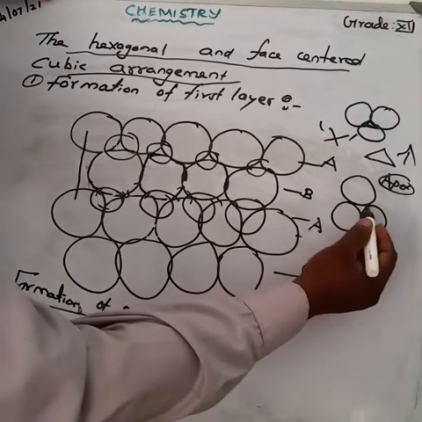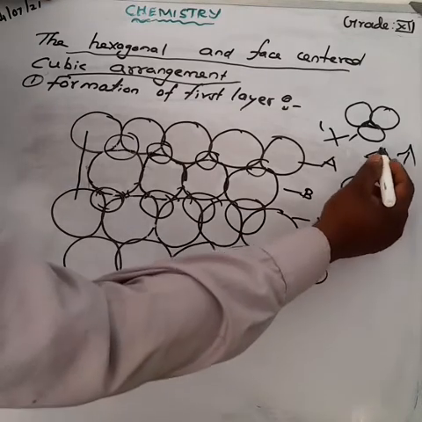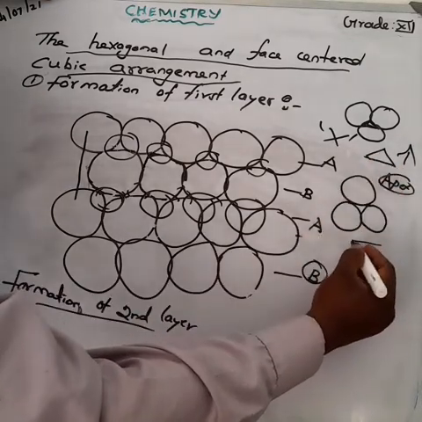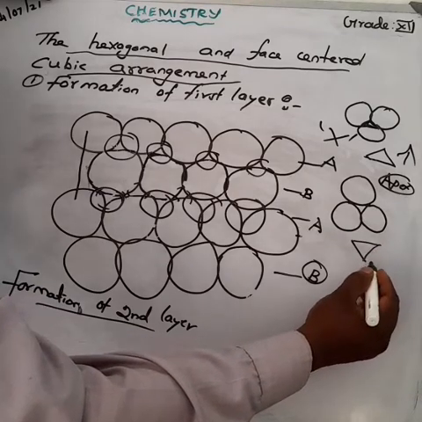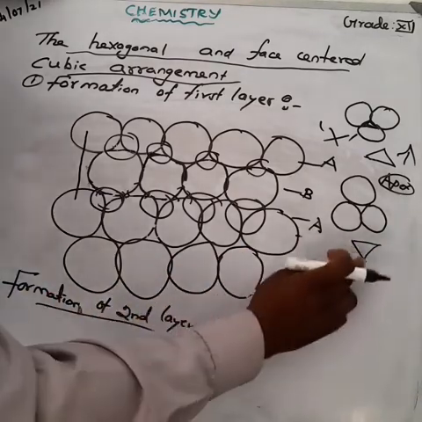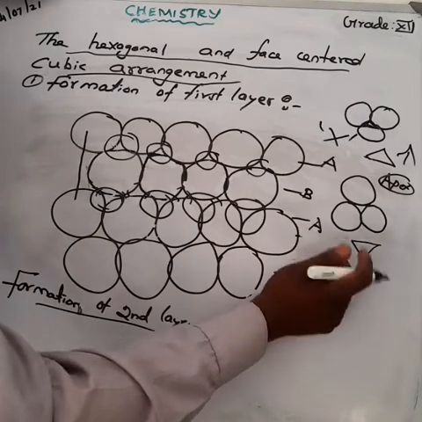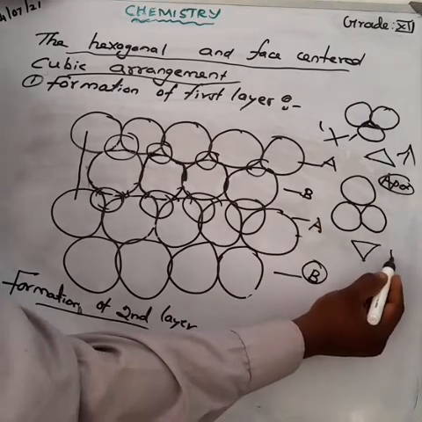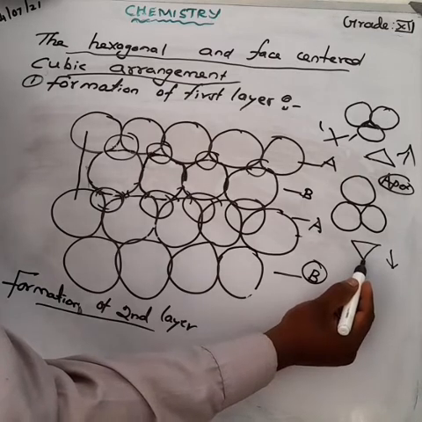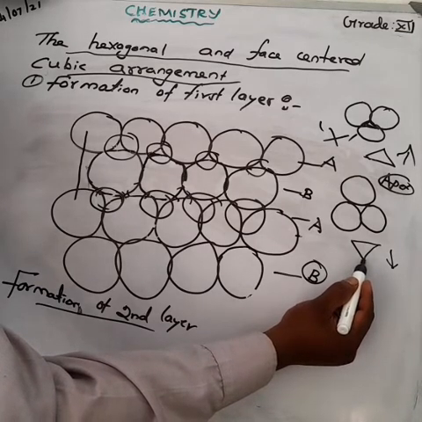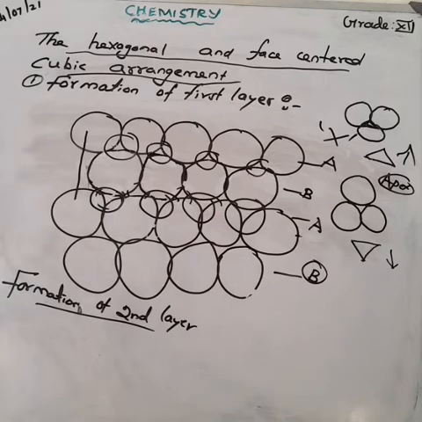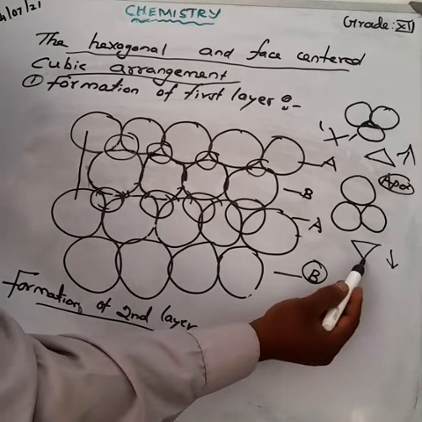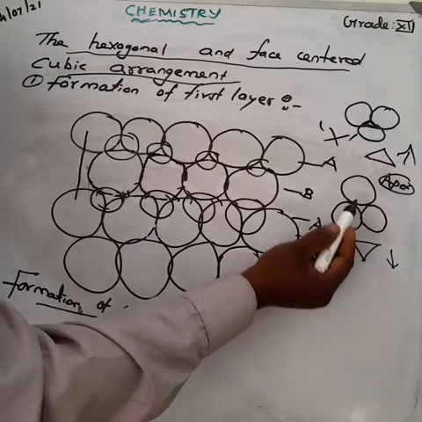This hole is the opposite of a triangle, am I right? This one is the triangle, and this is the opposite of the triangle. Here, the sharp edge is facing downwards. The figure you can understand like that. We name that as Y.